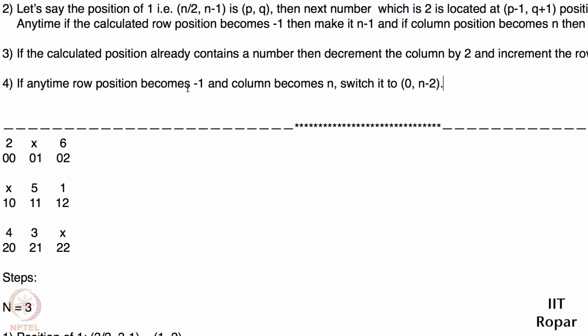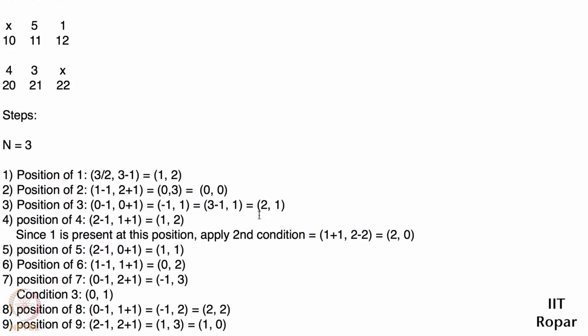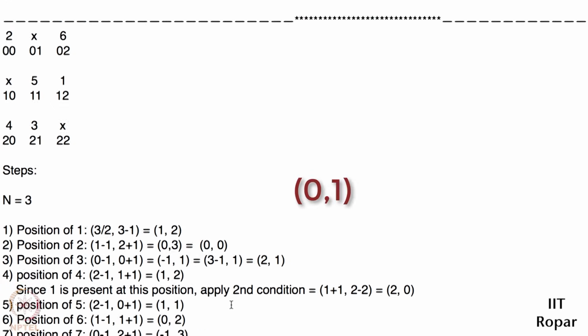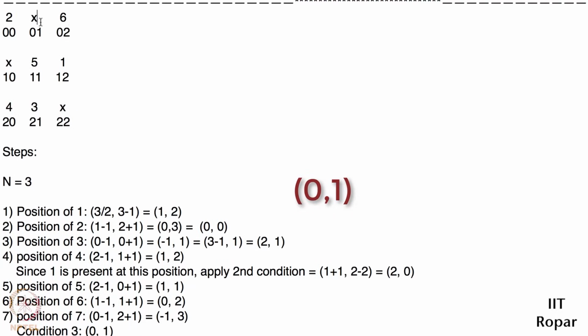If anytime the row position is becoming minus 1 and, very important here, the column becomes n, it switches to 0 comma n minus 2. So I will make it 0 comma n minus 2, 3 minus 2 is 1, so 0 comma 1. So at 0 comma 1 I'll put 7.